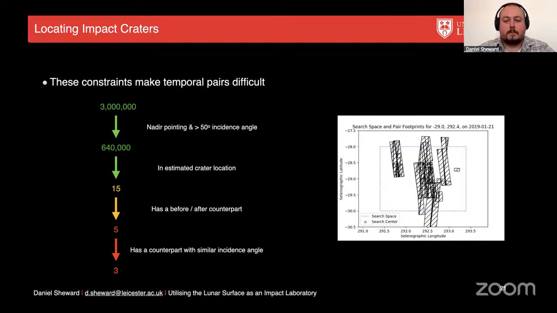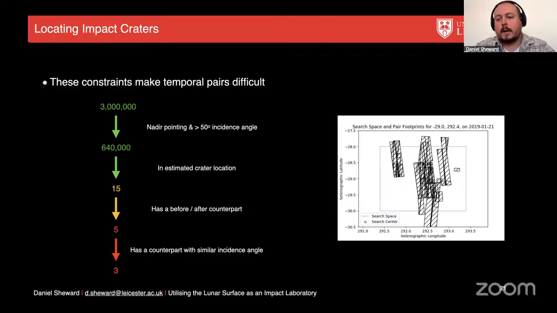Once you consider that you need it of a specific location where the crater is estimated to be, that makes it a lot less, typically only about 15, 20 images that have both the before and after counterpart and have counterparts with a similar incidence angle. It means that there's very few actual images that can make temporal pairs.